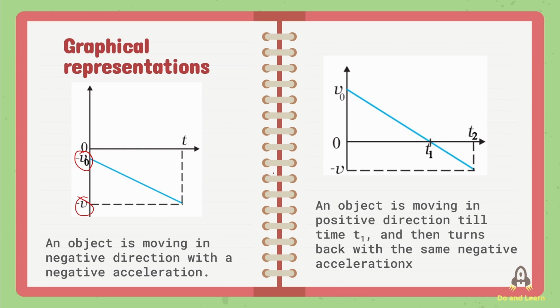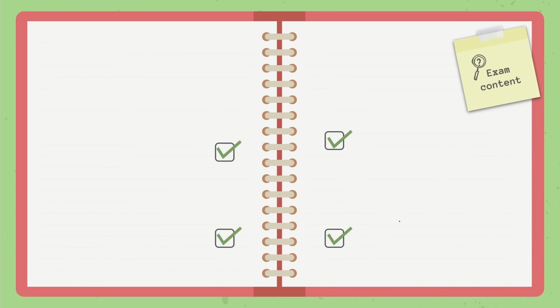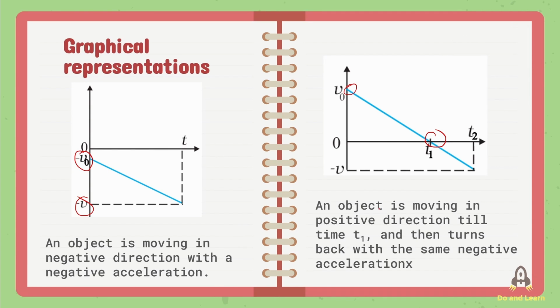In another graph, an object is moving in the positive direction until time t1, then turns back with the same negative acceleration. From t1 to t2 it turns back with the negative acceleration. So that's all the topics in the first part.